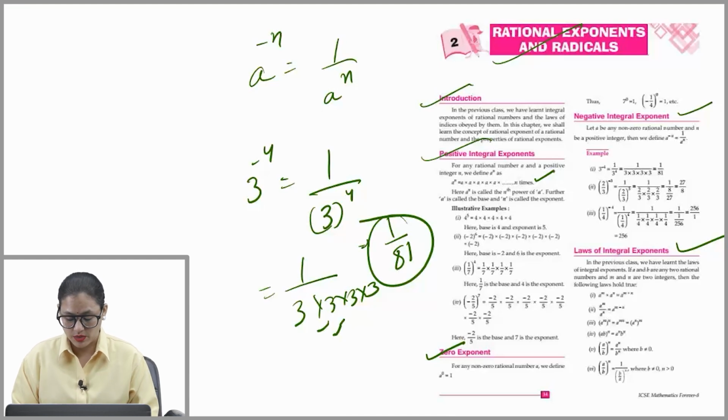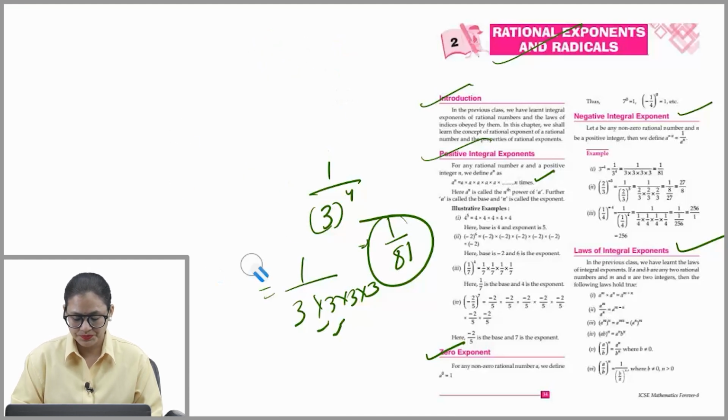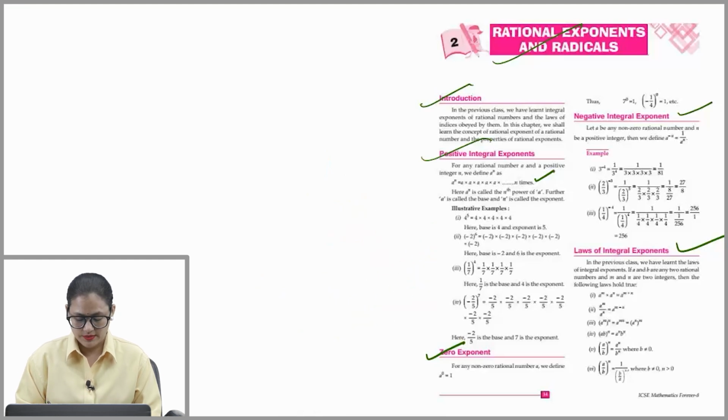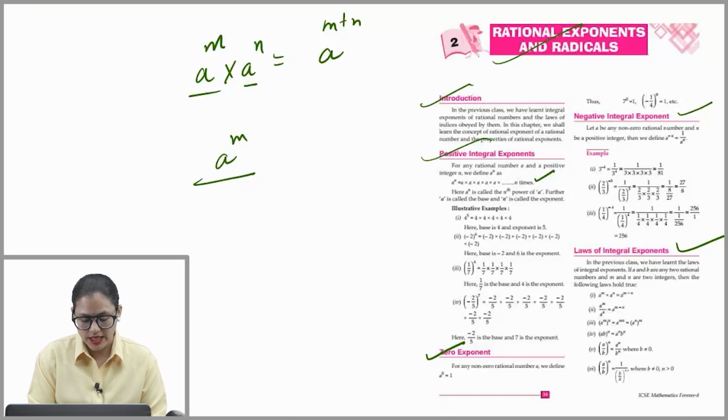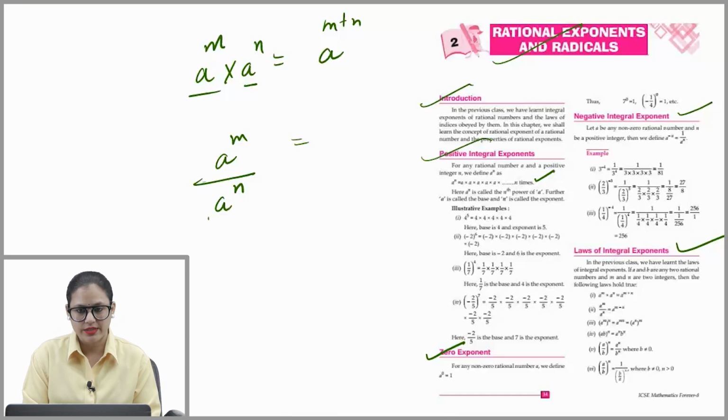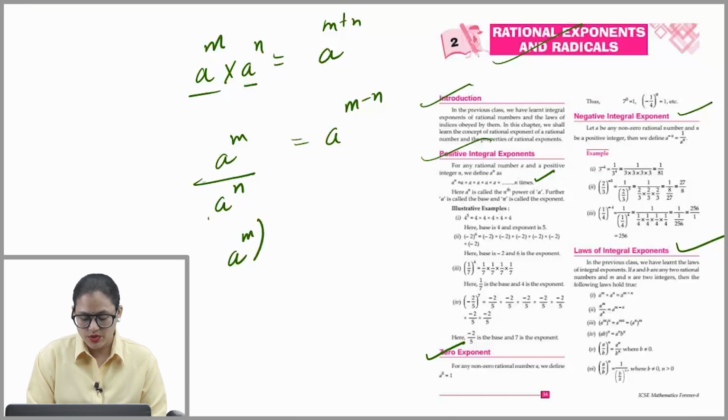Let's just revise them all. a raised to the power m into a raised to the power n, the base is the same, so we will add the powers, that is a raised to the power m plus n. a raised to the power m upon a raised to the power n, the base is the same but we are dividing, so we will subtract the powers, that is a raised to the power m minus n. a raised to the power m, raised to the power n, we will multiply both these powers, that is a raised to the power mn.